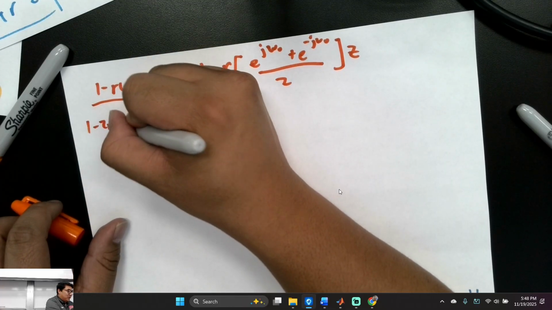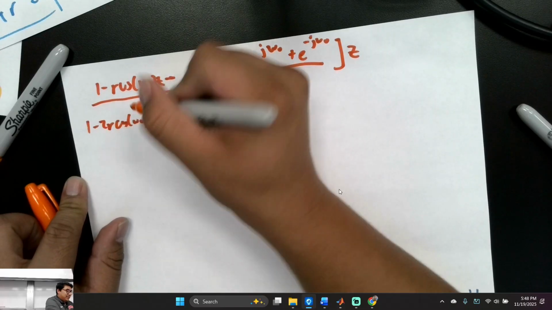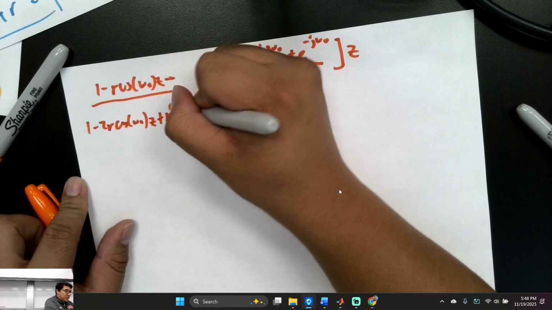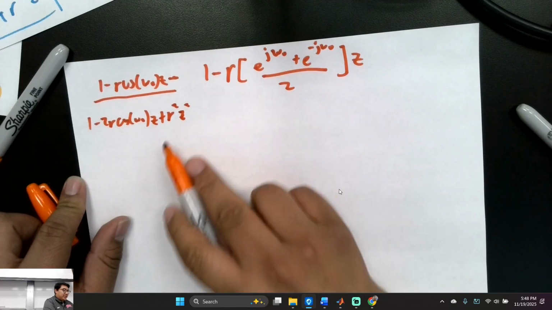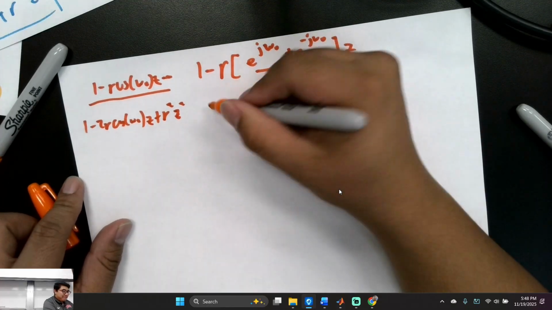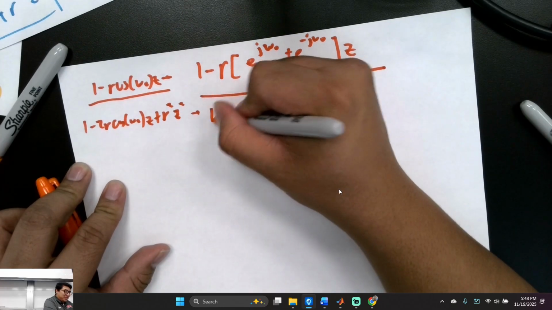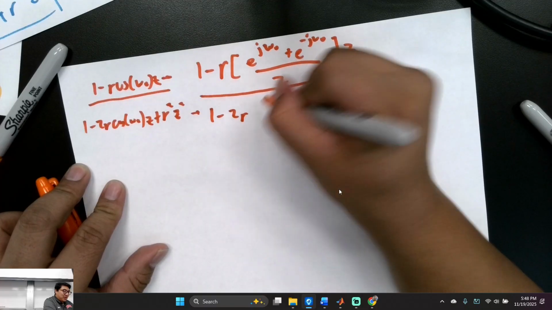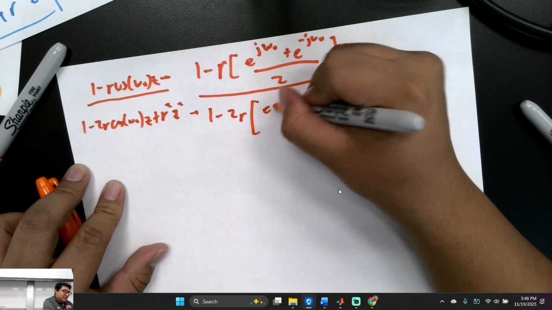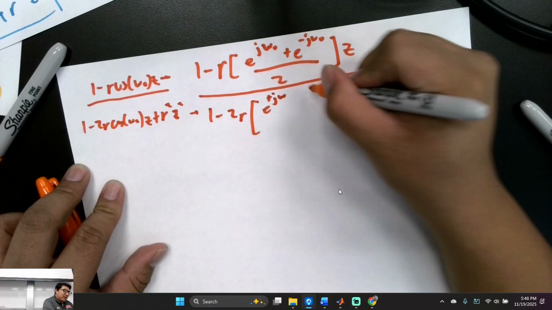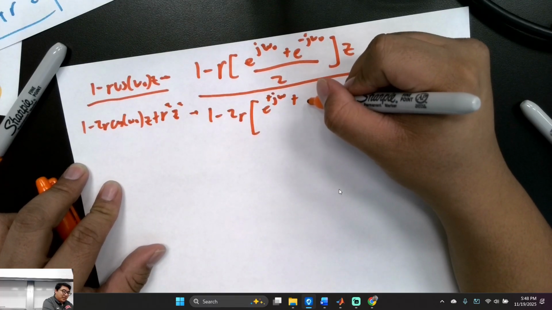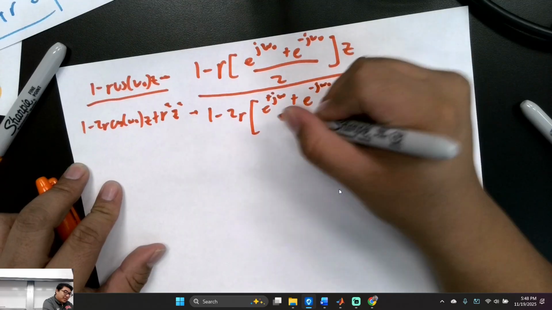1 minus 2r cosine omega naught z plus r squared z squared, right? Is that good? We can rewrite this as 1 minus 2r times e to the positive j omega, that's our positive frequency, plus e to the minus j omega naught.